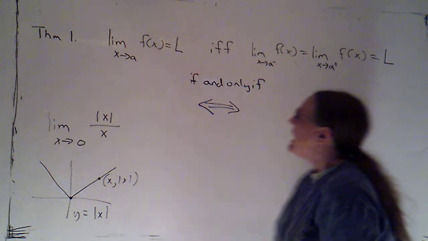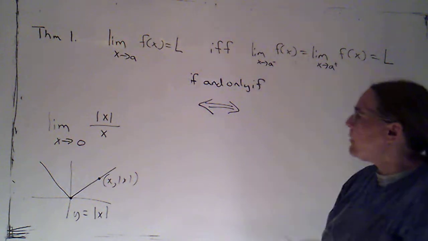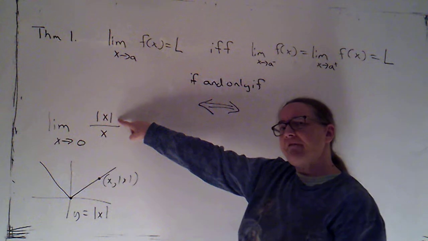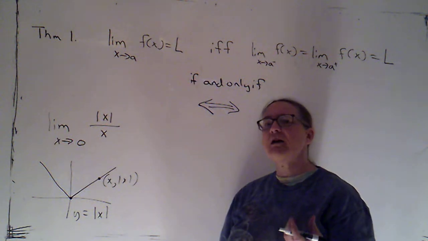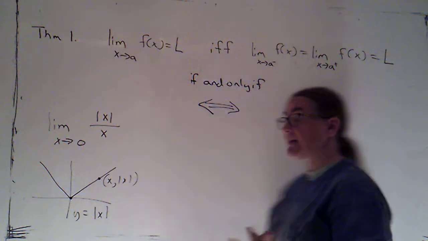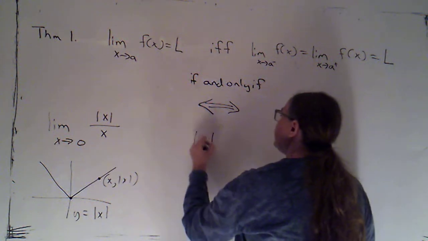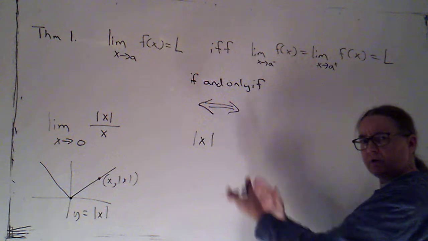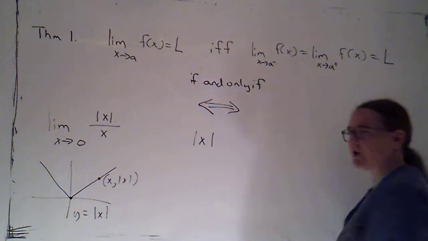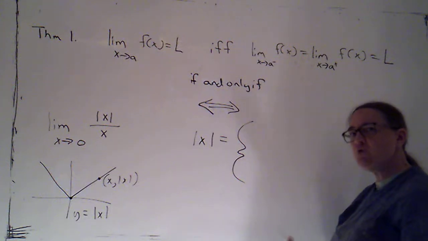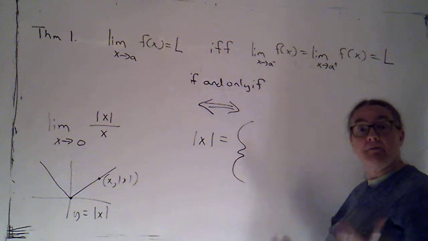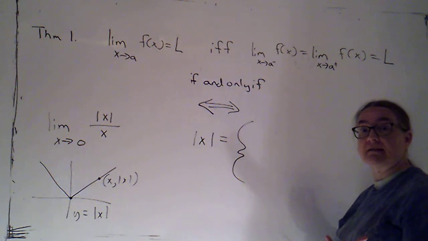Okay. Now, where this is helpful is because if I have the absolute value function, I can always write that piecewise. So the absolute value function, it's one symbol. I can think of that as one operation, but I can also think of it as giving me two different rules that I apply in two different circumstances.